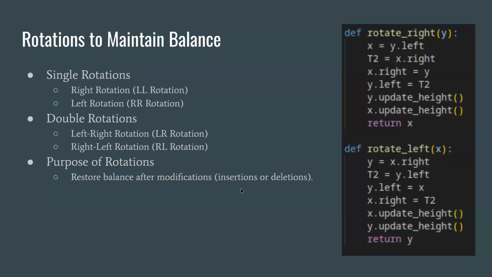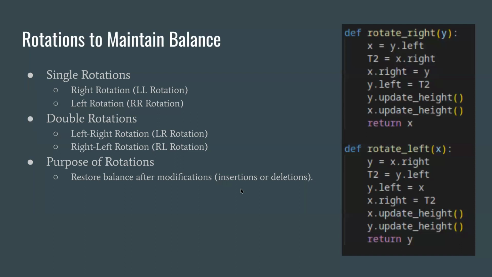In a single rotation, we have the right rotation, which is also known as LL rotation, and the left rotation, also known as RR rotation. These are used when the tree is heavily skewed in one direction.